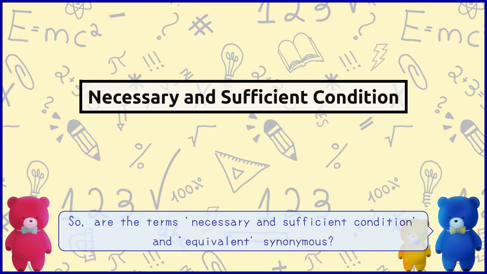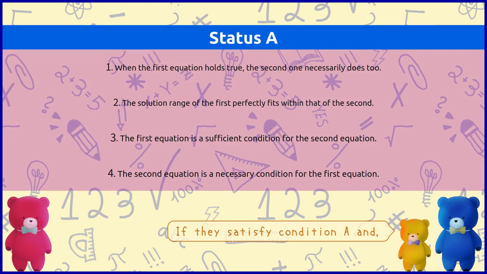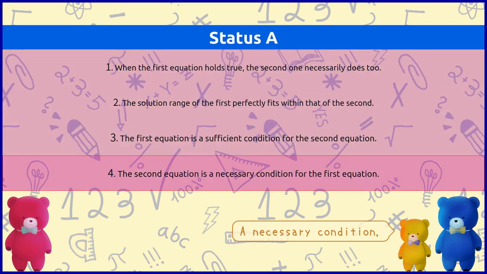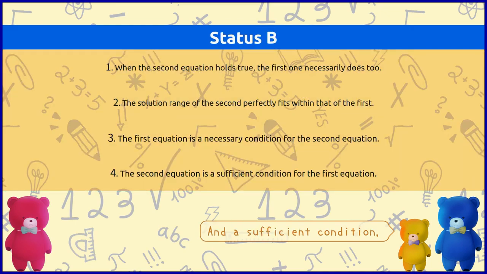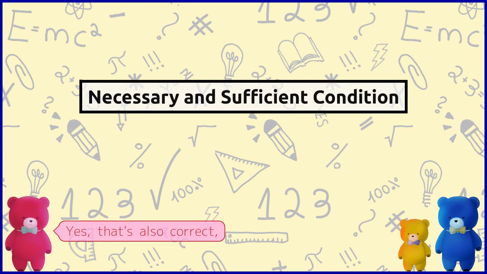So, are the terms necessary and sufficient condition and equivalent synonymous? Yes, exactly. If they satisfy condition A and also satisfy condition B, the second equation is both a necessary condition and a sufficient condition. So can we say that the second equation is necessary and sufficient for the first equation? Yes, that's also correct.